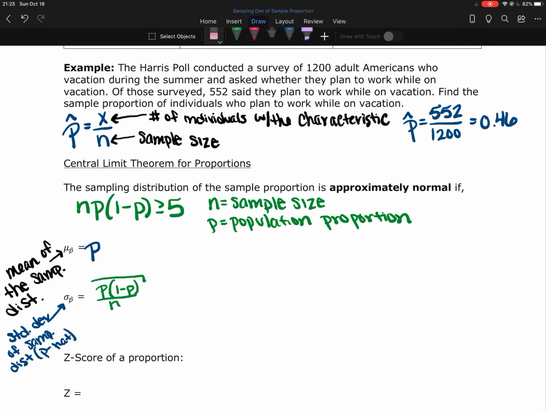And notice, this is all in the square root. So the mean of the distribution is equal to the population proportion, and the standard deviation, the spread of this distribution, is found by taking the square root of p times 1 minus p divided by n.